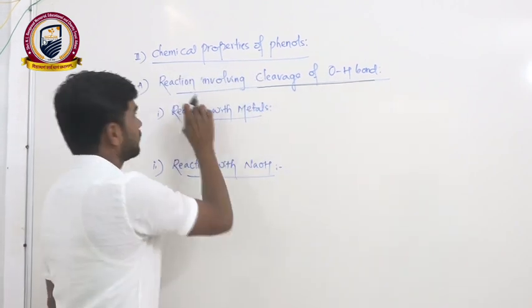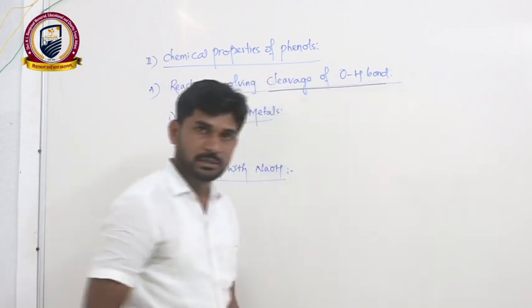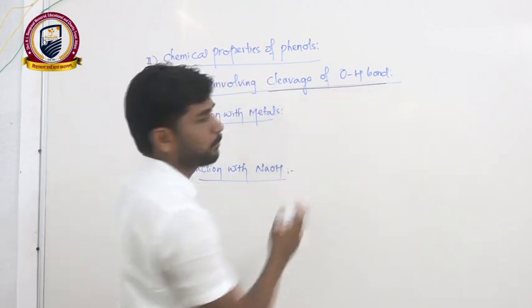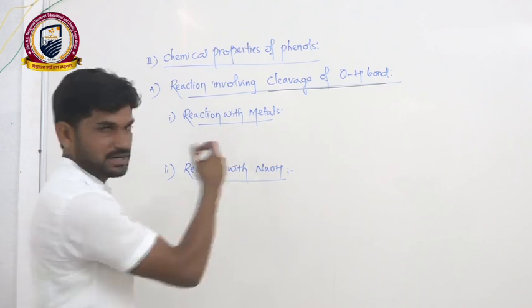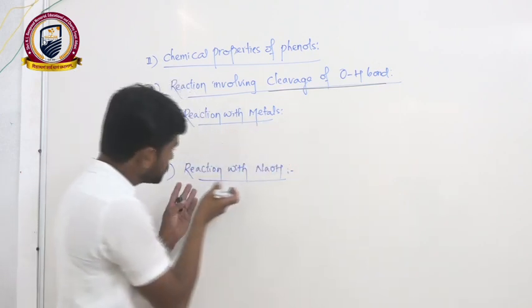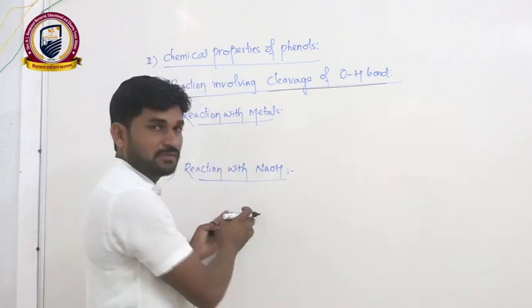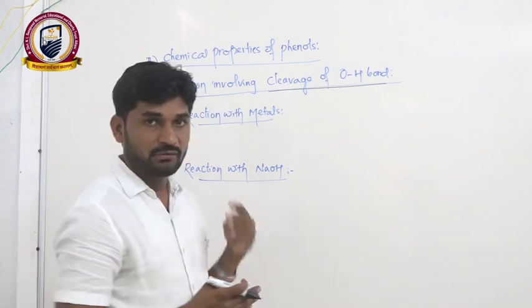That is, reactions involving cleavage of the oxygen-hydrogen bond. This cleavage takes place in certain different reactions. The first one is reaction with metals and the second one is reaction with sodium hydroxide.